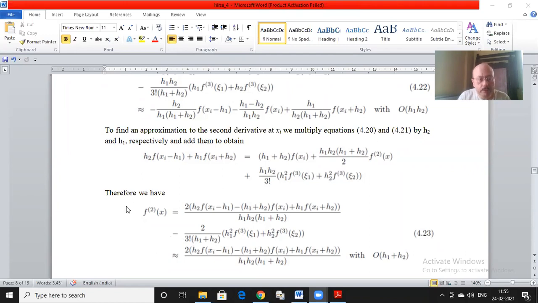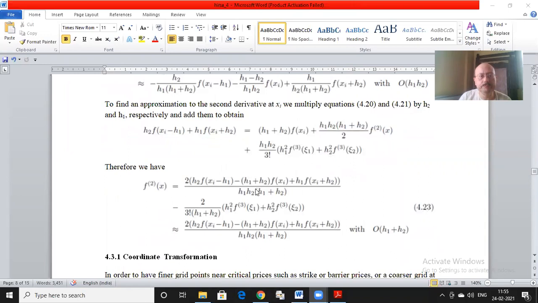Now F2x, if I solve this equation, I'll be dividing everything by this whole quantity here. So F2x will now be given by this more complicated weighted average of the function values.